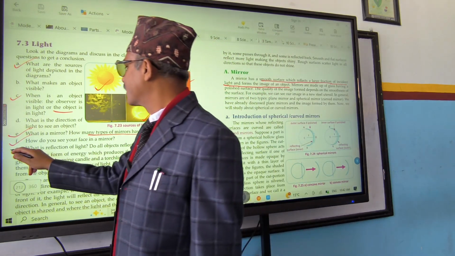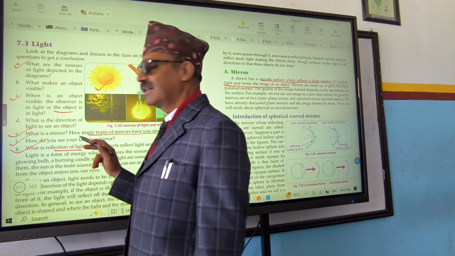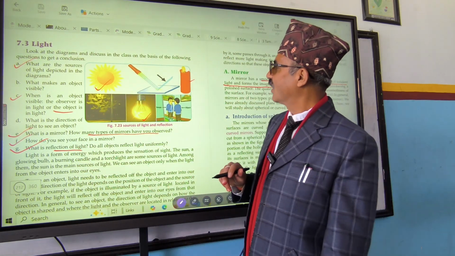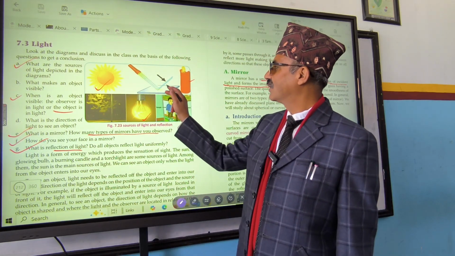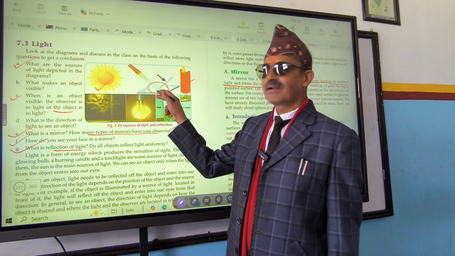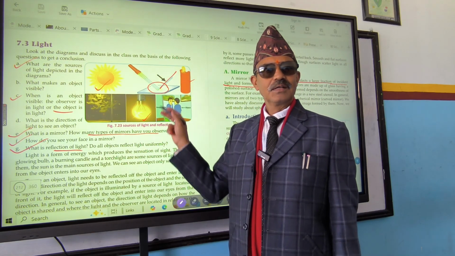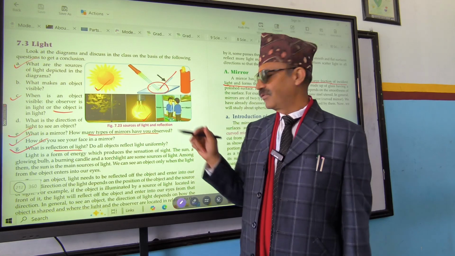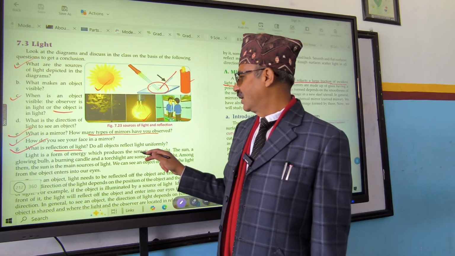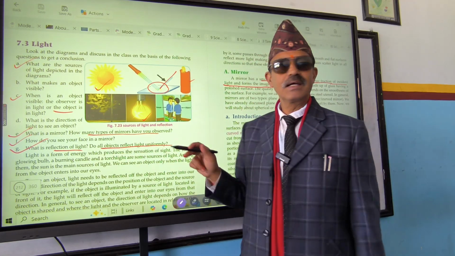And what is reflection of light? The next heading is here. Reflection of light, you can see one phenomenon here. Light has fallen here and it is going in another direction, or not? This is reflection of light. And do all objects reflect light uniformly?